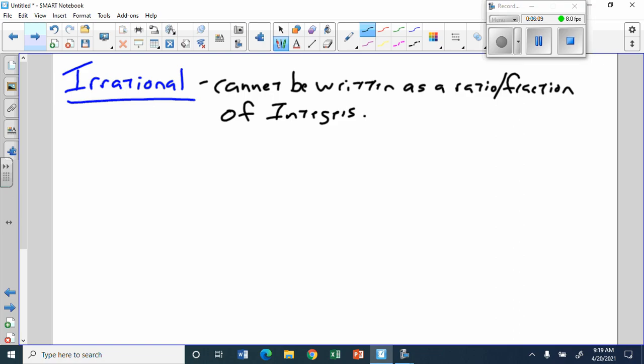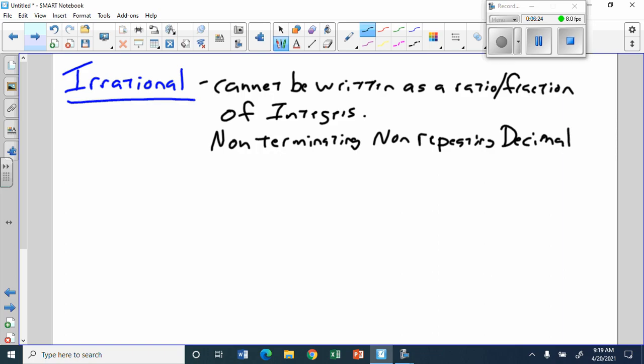It is a non-terminating, non-repeating decimal. So it doesn't repeat and it doesn't stop.